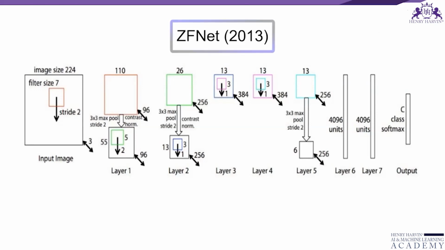So ZFNet is almost similar to AlexNet with the exception of a few layers, and it also won the 2013 ImageNet challenge. One major difference is that it has used 7x7 sized filters.